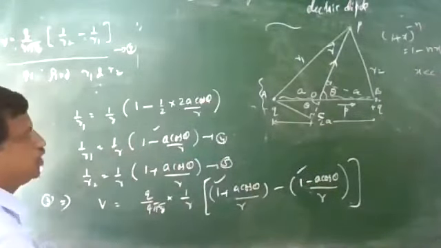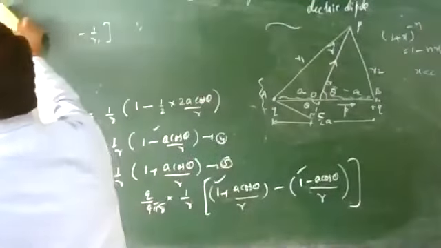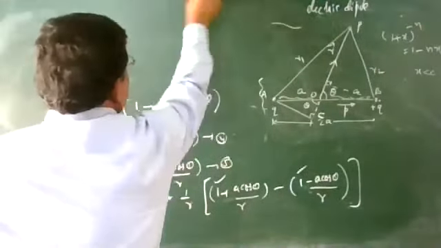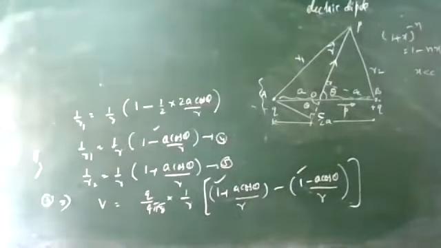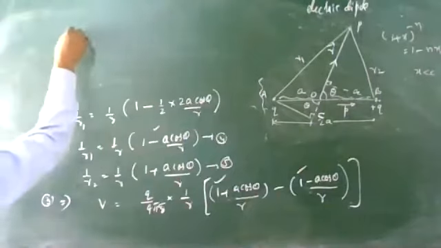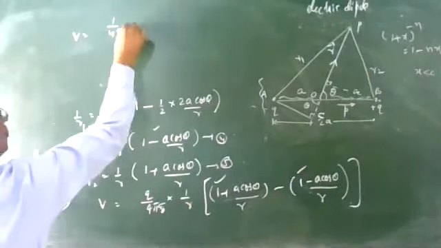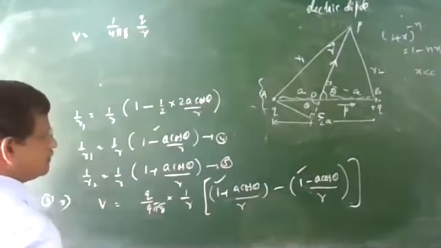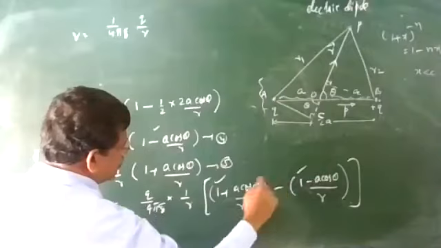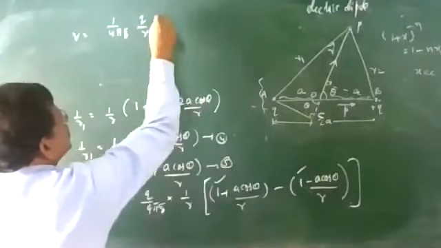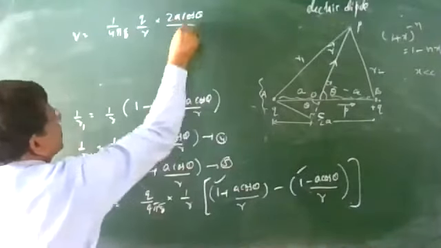Next step: V equal to 1 by 4 pi epsilon 0 into q divided by r. 1 and 1 cancel, minus minus becomes plus, so 2a cos theta by r, with r coming in the denominator.